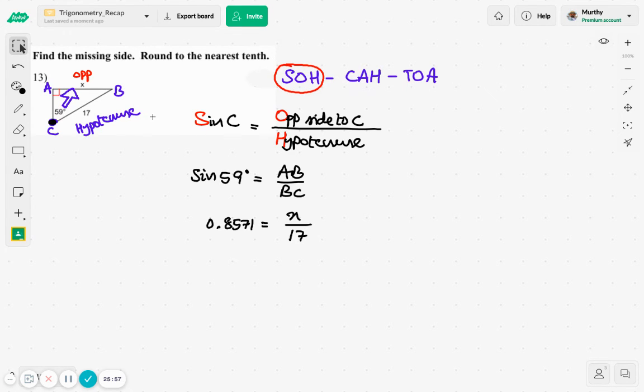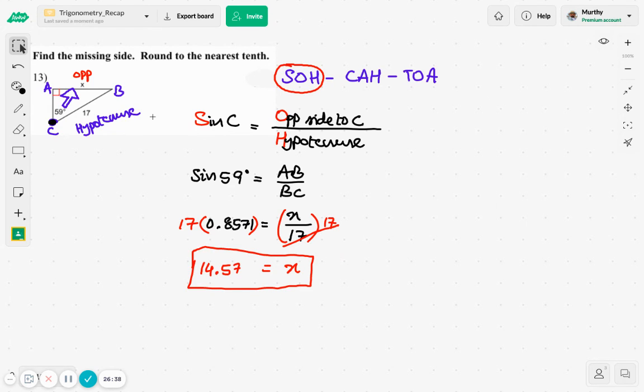You know how to isolate X. We multiply by 17 on both sides, so 17 gets cancelled. The value of X equals 17 times 0.8571, which is 14.571. So 14.57 is the value of X.